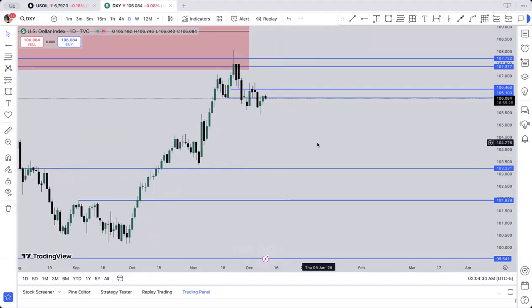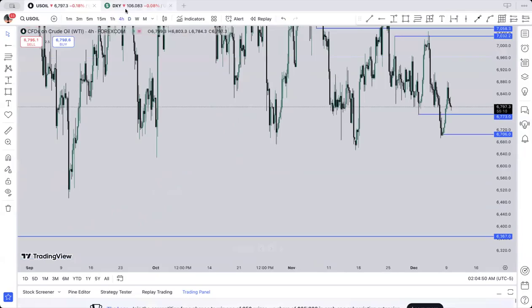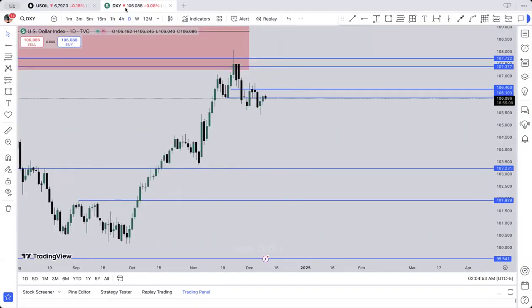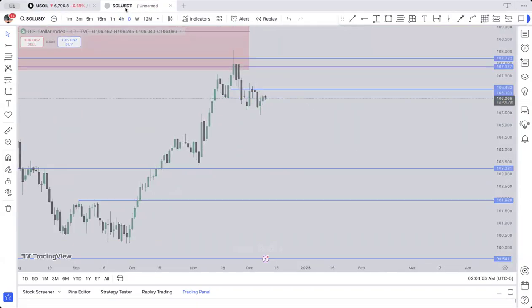So this is what I have for us this week, basically. Let's see what price is going to do. You can see that initial rally of Monday, and she just dropped already. So I'll be looking at this and paying attention to GBP JPY as well.